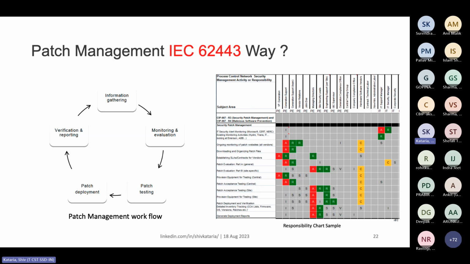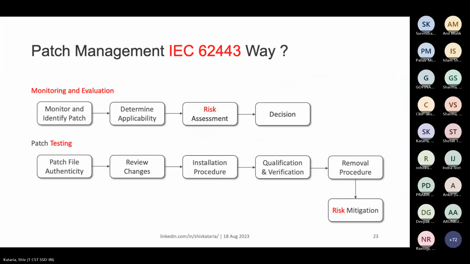Whenever you are doing the patch, this matrix which is given here is very important to design the responsibility of the people who are there, whether the engineers or the operators. Each one should be involved to take a decision when to patch, what to patch, how to patch, and also update our asset inventory whenever we have patched a system and updated a firmware. So it's specifically in the 62443 context.